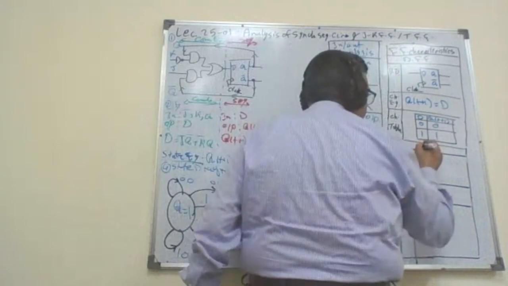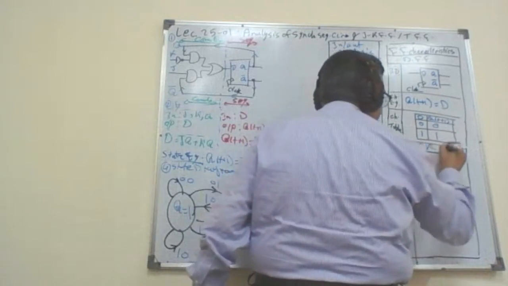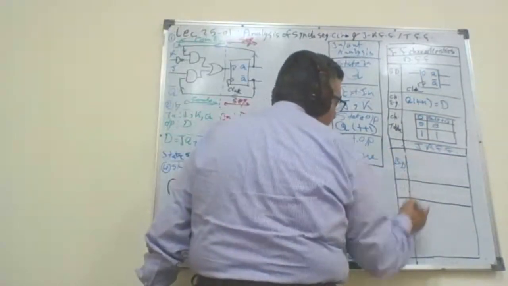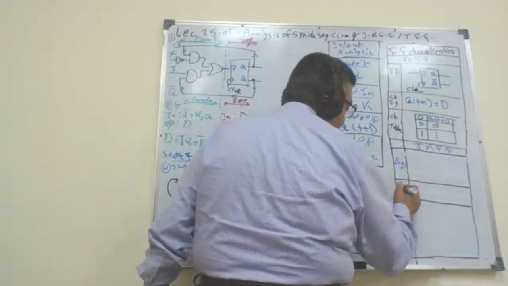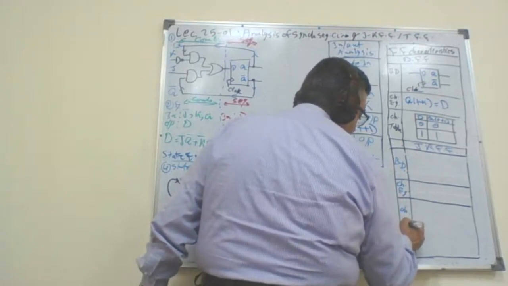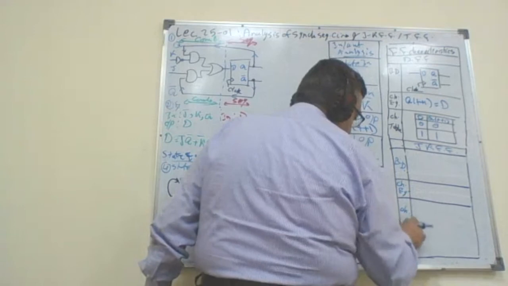They use it extensively. I need to show the block diagram, the characteristic equation, and the characteristic table for this flip-flop.